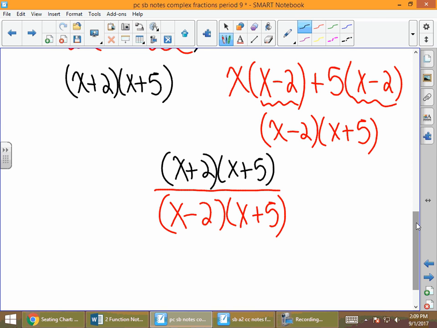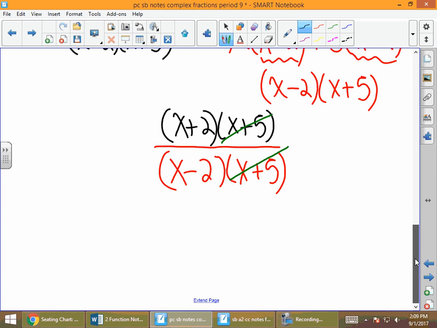And the last question is, do we have anything exactly the same in the top and in the bottom? We have an x plus 5. So when we finally finish this problem, we end up with x plus 2 divided by x minus 2. Again, no, you can't cancel anything. We can't factor that anymore. We've done our canceling.